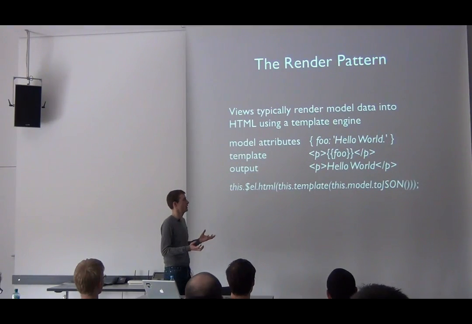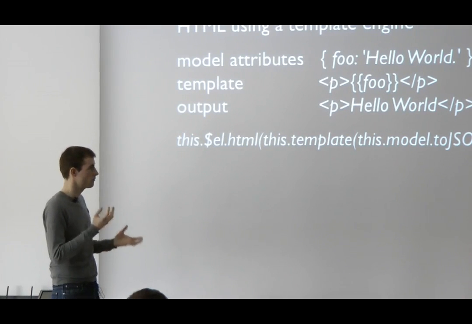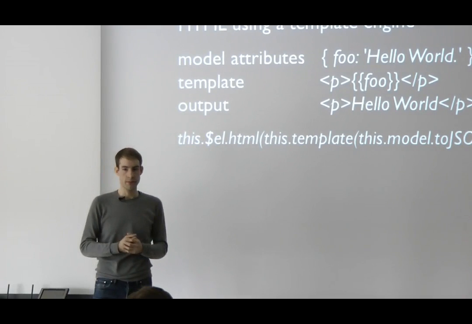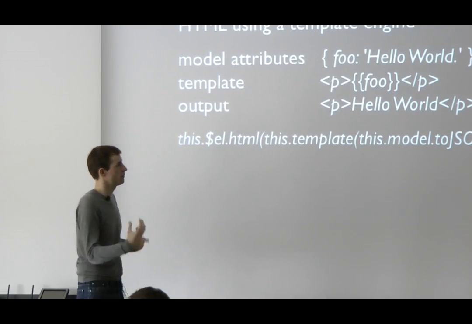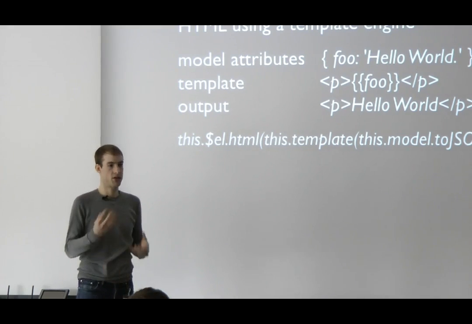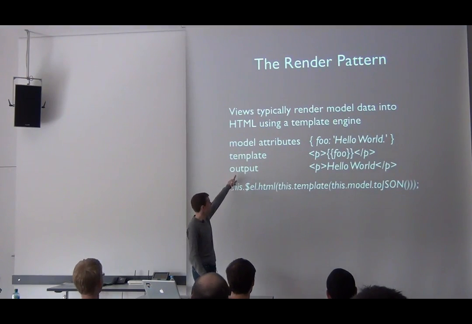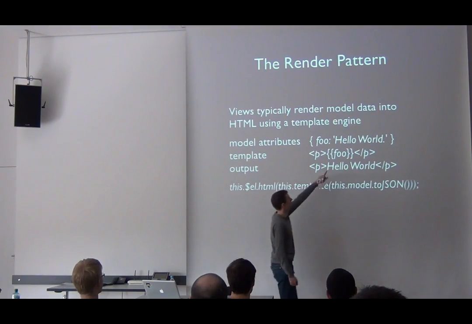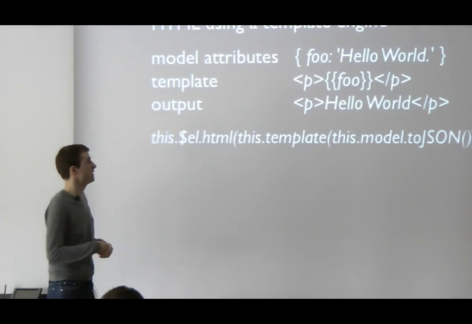You might use any templating engine which allows you to specify some kind of function you can call passing parameters, and then HTML is created. So in this example, the output of the templating engine would be p hello world, which means the foo attribute is inserted here, and this would be then the HTML which should be displayed.